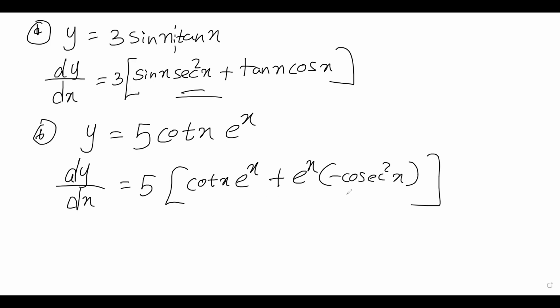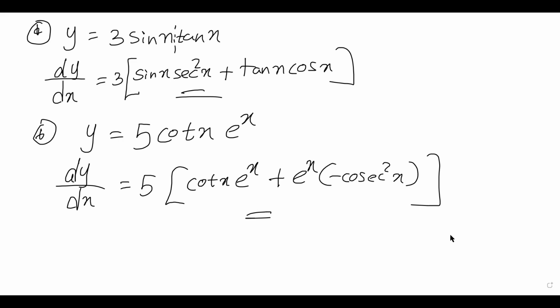After that you can simplify, keeping the number in front. If there is a variable in front, you can simplify it and write it. That's very basic. That is the multiplication of derivatives.